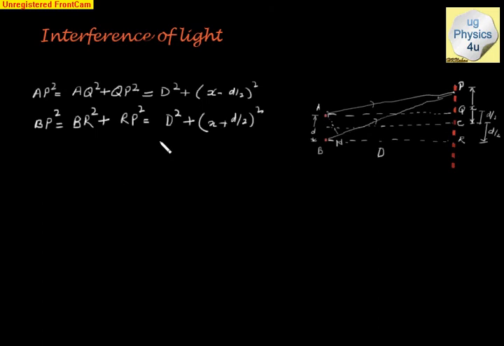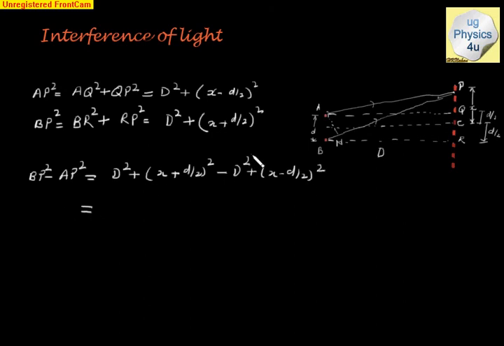Now to find this distance, I have to subtract AP from BP. Therefore let us find BP square minus AP square, which is equal to D square plus x plus d by 2 whole square, minus D square plus x minus d by 2 whole square.